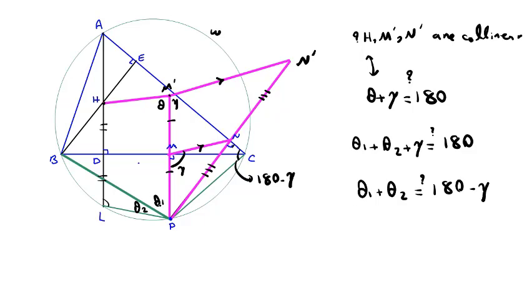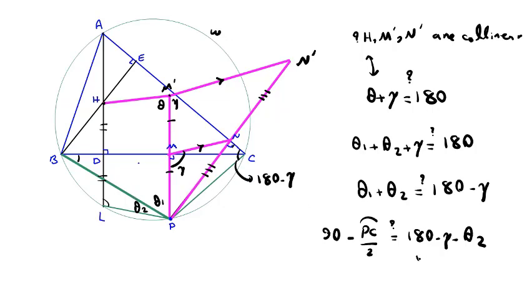Here, if I want to write theta 1, I can say that theta 1 is 90 minus this. So it is 90 minus this angle. This angle is what? Half of arc PC. Theta 2 is what? So we can do something. It is equivalent that 180 minus gamma minus theta 2. So it is theta 2.